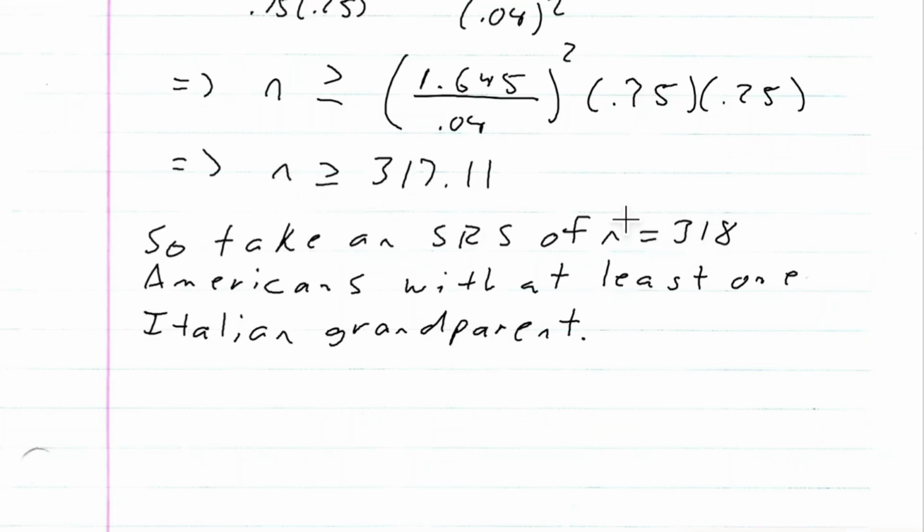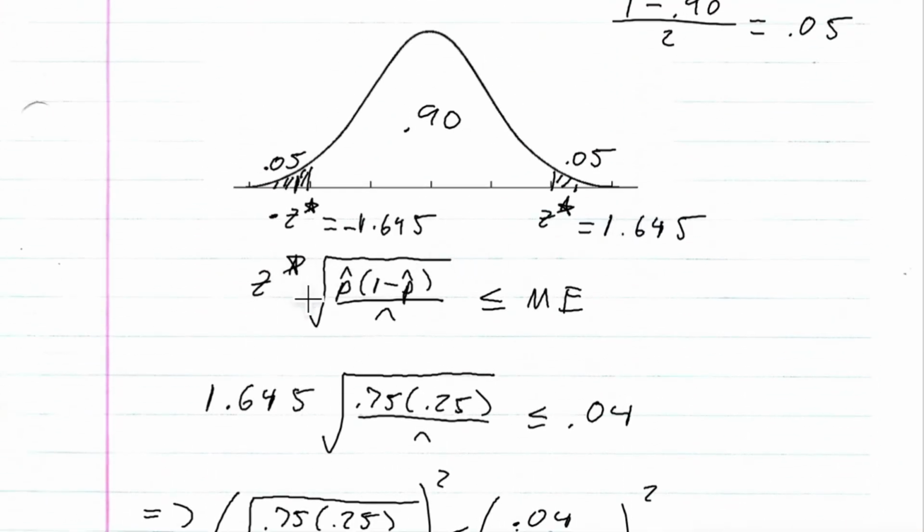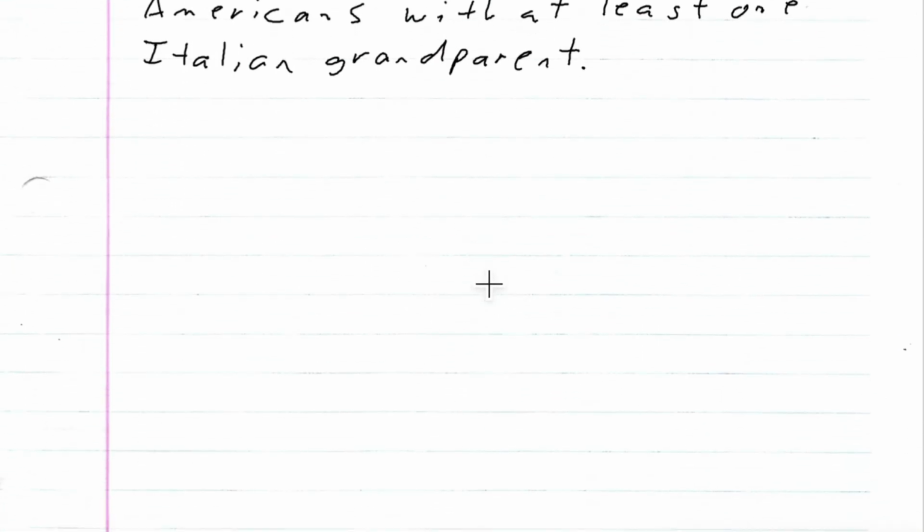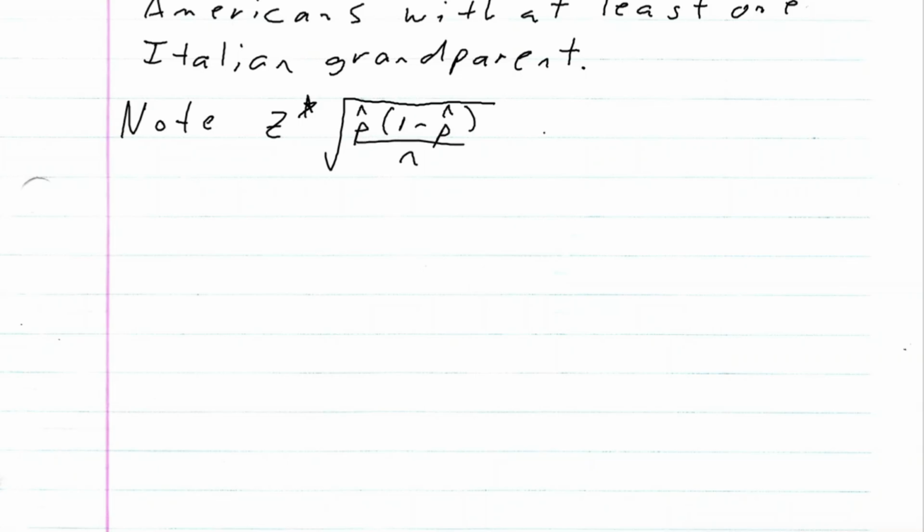For future reference, I'm going to write this inequality again. Note: z star times the square root of p hat times 1 minus p hat all over n has to be less than or equal to the maximum margin of error.